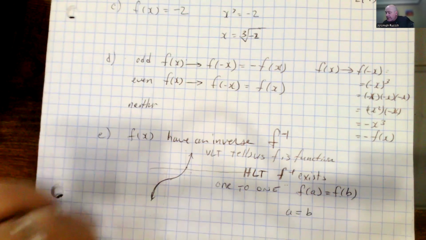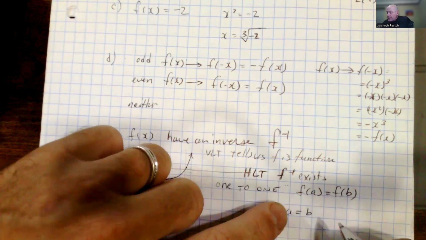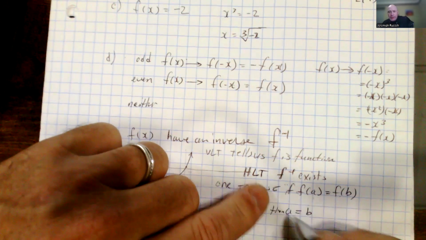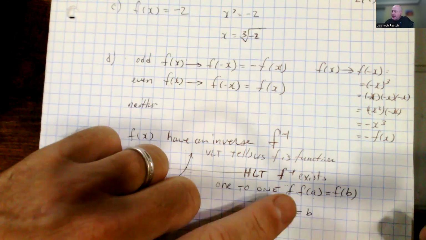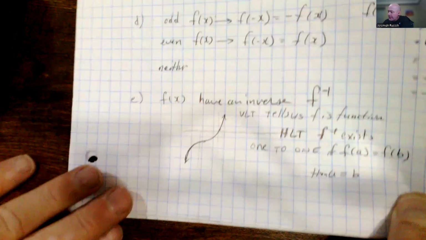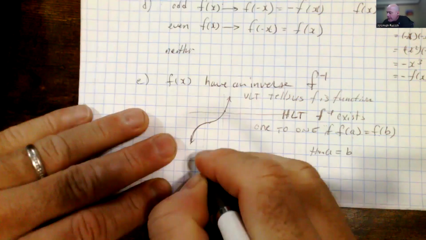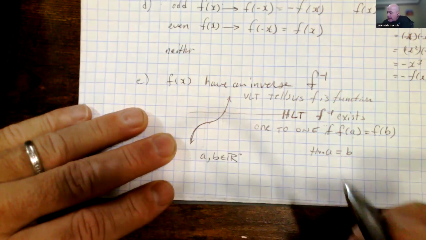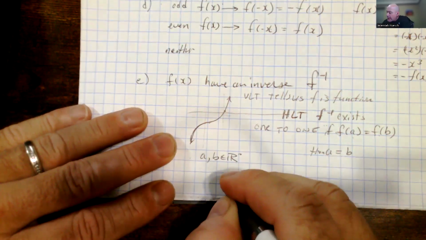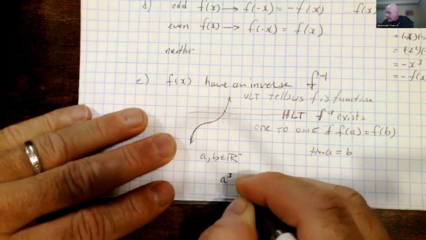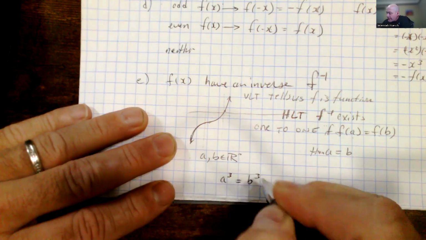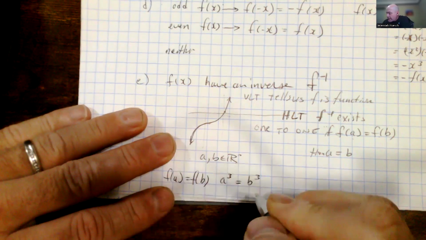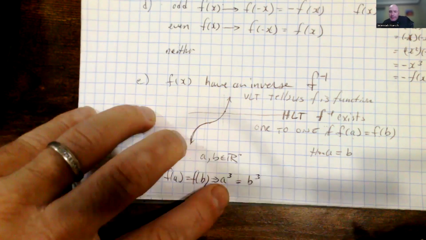In other words, if this, then this. So to show something is 1 to 1, that's what we're going to do. Let a and b be elements of the real numbers. So we have a cubed is equal to b cubed. So this is f of a equals f of b. That implies then that a cubed is equal to b cubed.